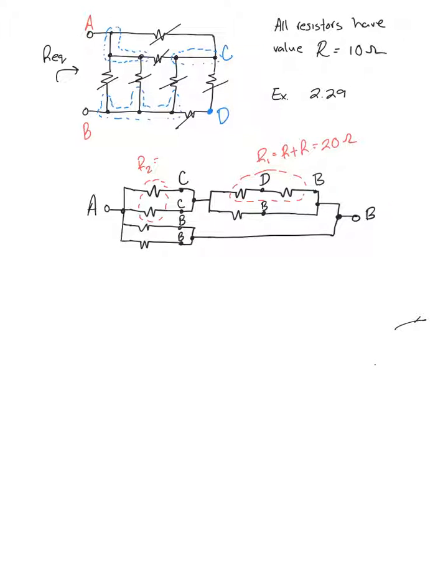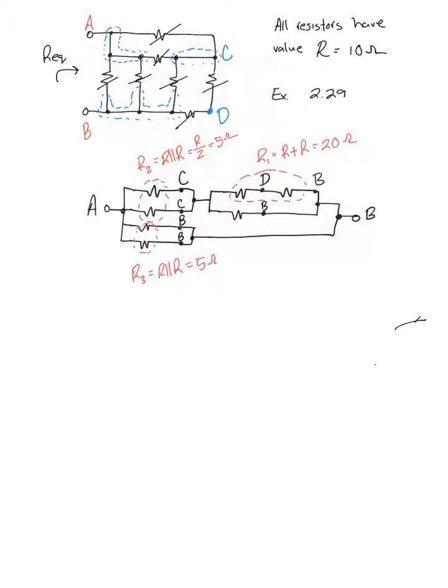So that's R in parallel with R, which is R over 2, which is 5 ohms. Likewise, we see right below that two resistors sharing nodes A and B, so those are in parallel. Call that R3, which is also R in parallel with R, which is going to be 5 ohms.